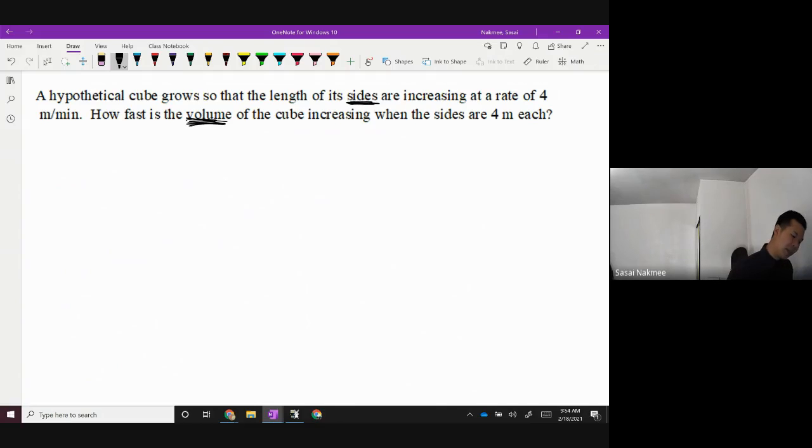Remember, we're dealing with a cube, and a cube is this 3-dimensional rectangle, but all the sides are equal to each other. So you don't have to worry about length times width times height, because that's what volume is, right? The length, the width, and the height are all going to be the same. So make sure you try that out there.